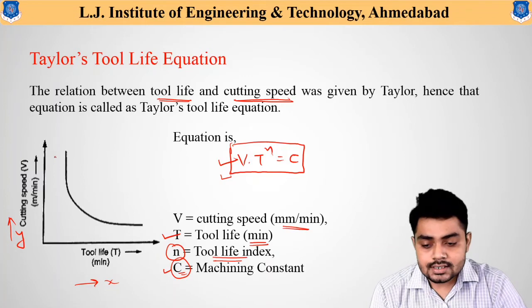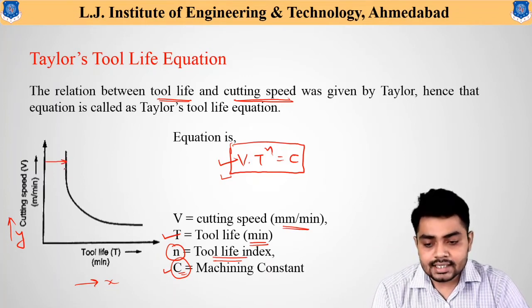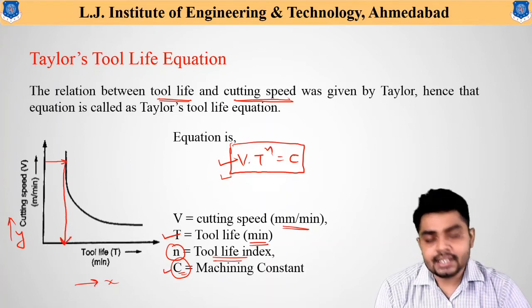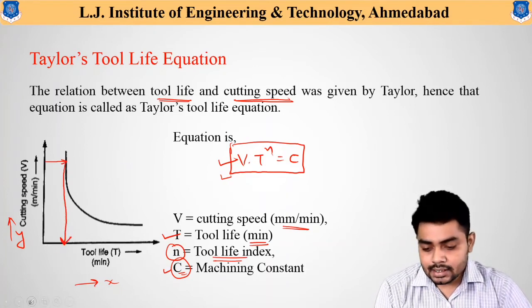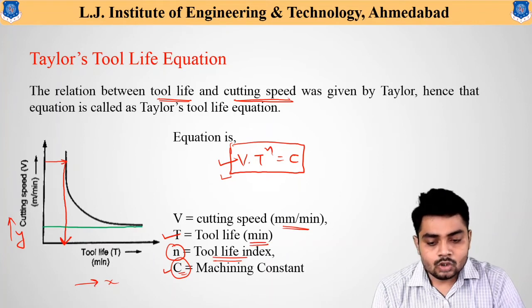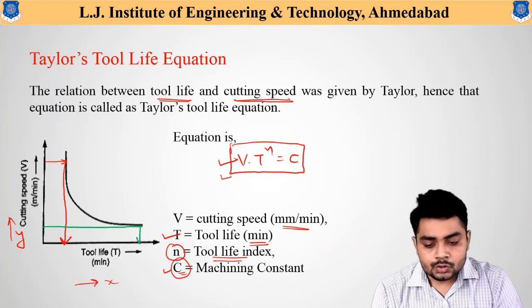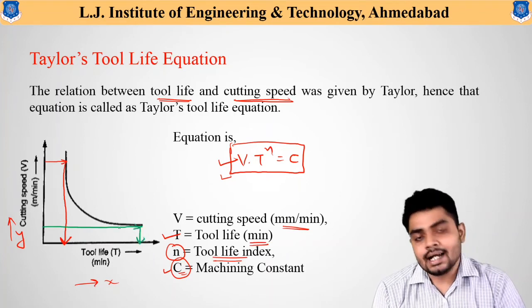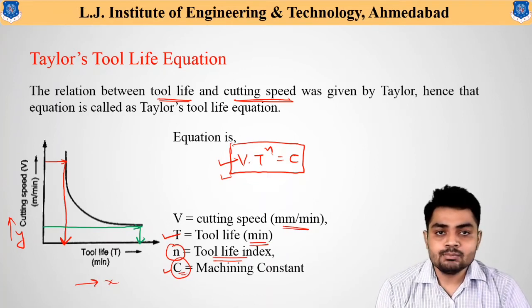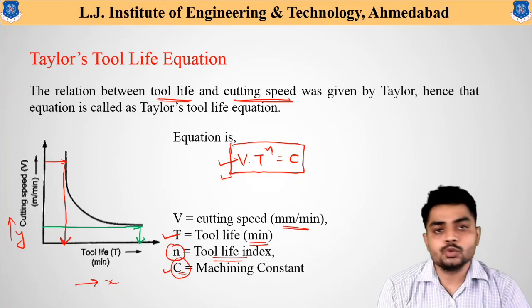And here as you can see, when the cutting speed is maximum, at that time tool life is comparatively lower. Similarly, if the cutting speed is lower, at that time tool life is comparatively higher. That means tool life and cutting speed are inversely proportional to each other.